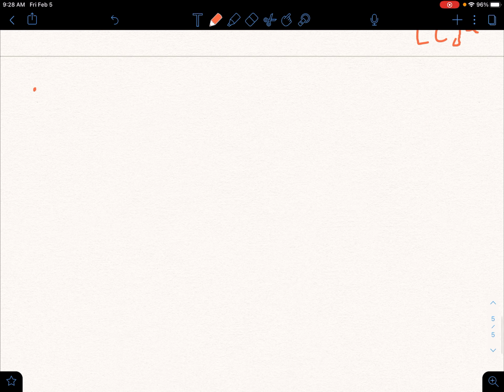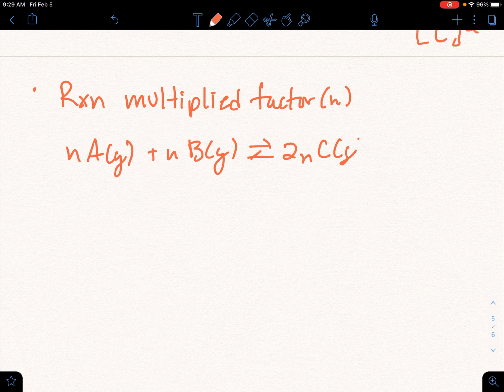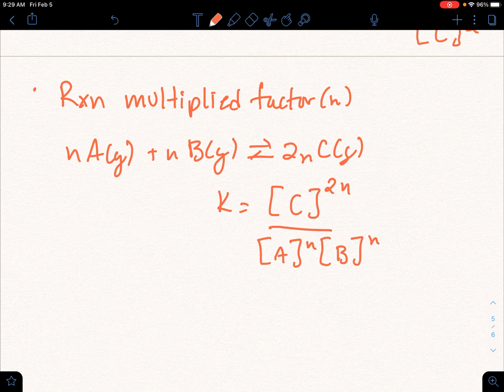We can also multiply by a factor and see how that affects K. Let's do factor N. So if we have nA gas plus nB gas in equilibrium with 2nC gas, same thing, it's just going to be C squared raised to the n, and then we have A to the n, B to the n, whatever n is.